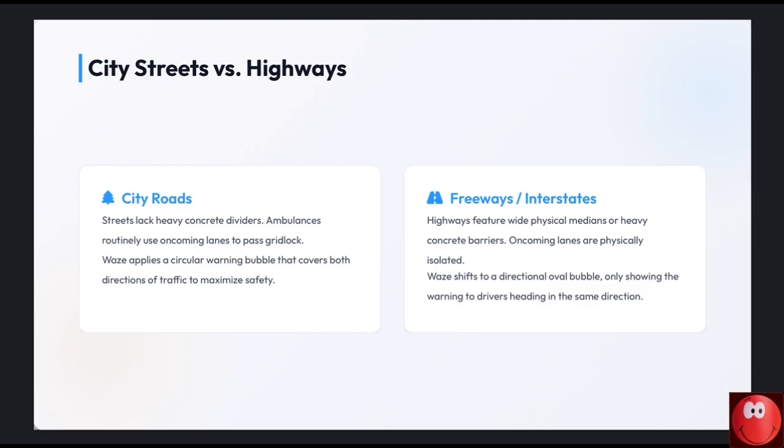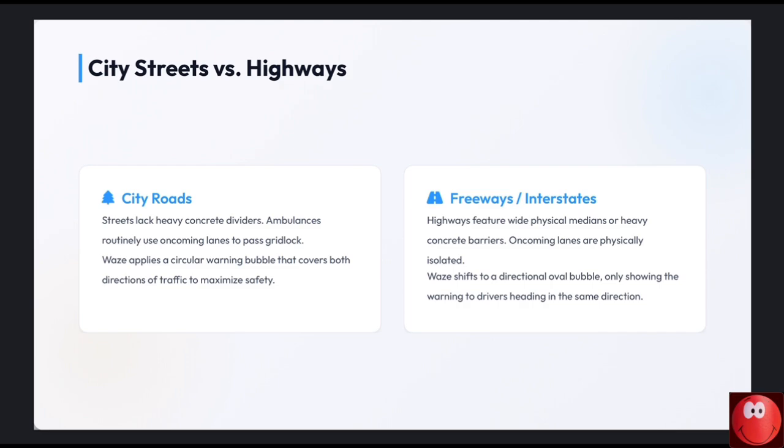On city streets, there is no physical divider, so oncoming traffic is in immediate contact with an emergency vehicle. Waze uses a circular warning bubble to alert both sides. But on a freeway, the lanes are physically separated by wide grass medians or heavy concrete jersey barriers.